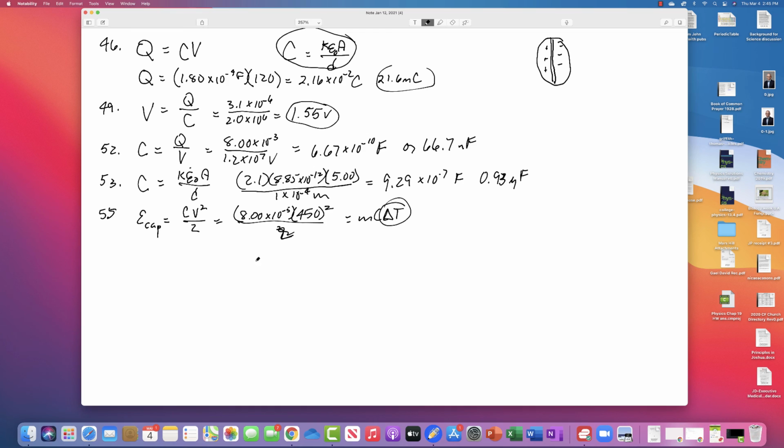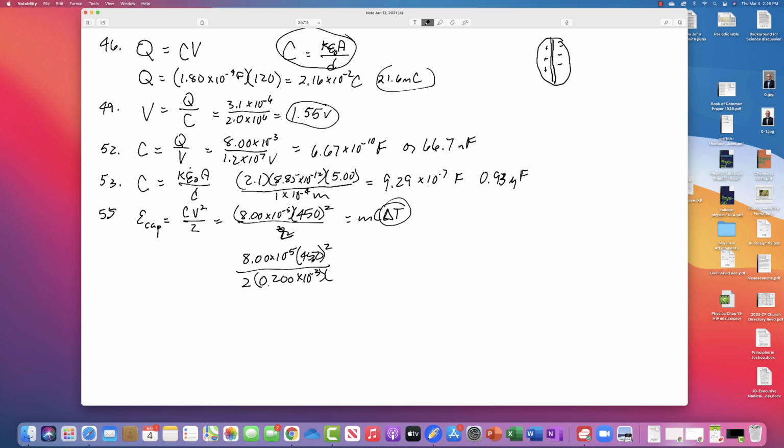So if we divide this 8.00 times 10 to the minus 5 times 450 squared by the mass, which is given, the flesh was 0.2 grams, so we need to make that times 10 to the minus 3 to make it kilograms.